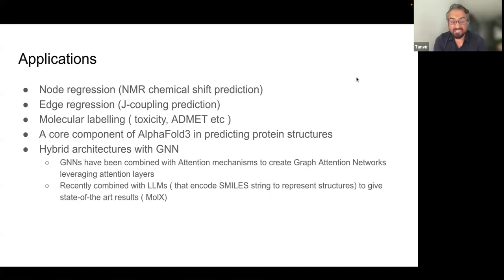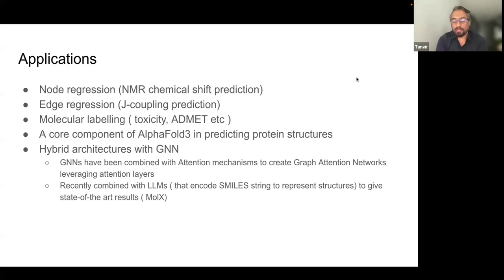There are also recent papers that have been released, very new, where they have combined LLMs. They have encoded SMILES in some kind of BART model to represent structures, and also modeled 2D structures together to give multiple different features, and they fed it to an LLM.